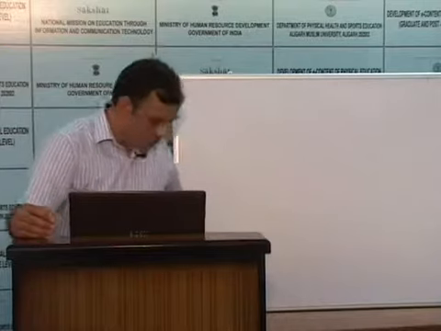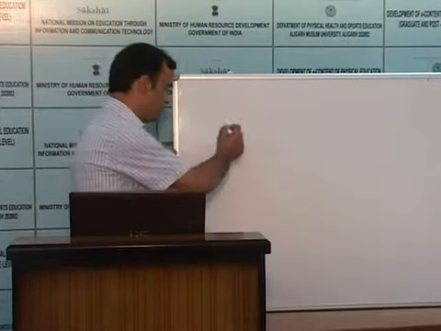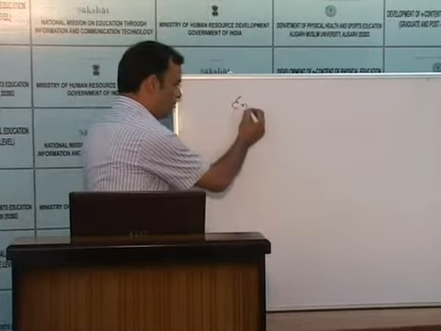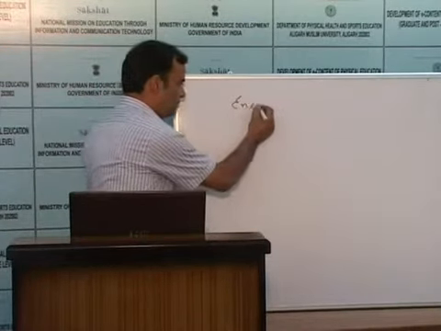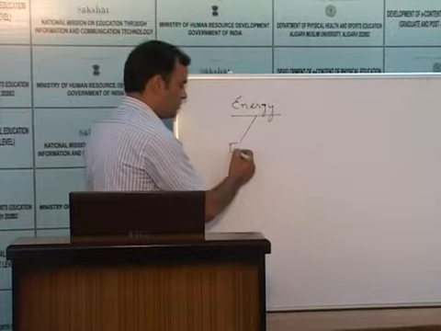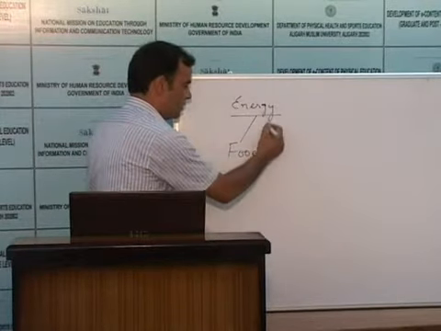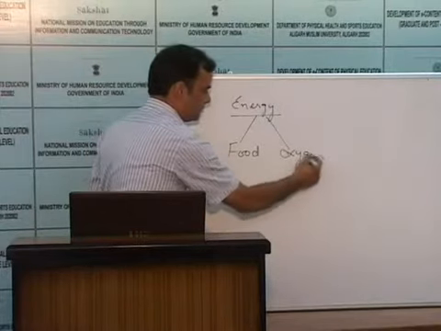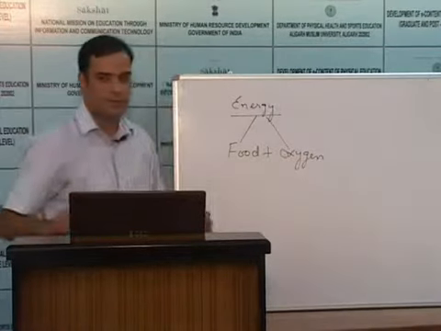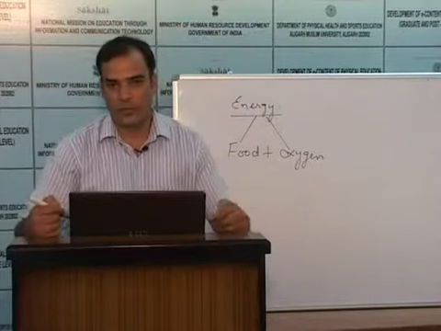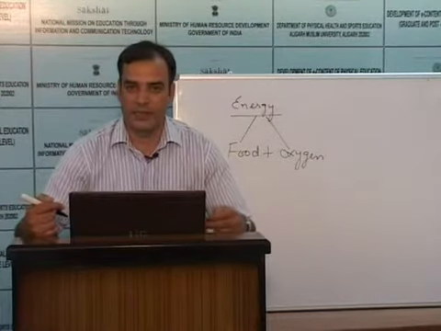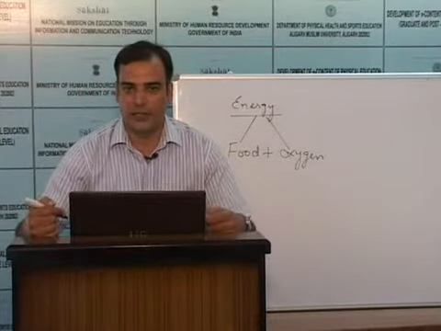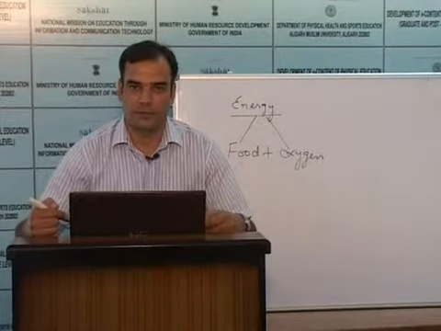I can show it here on the board: energy is required for different functions. This comes from food and oxygen. The process by which our cells derive energy is called metabolism.